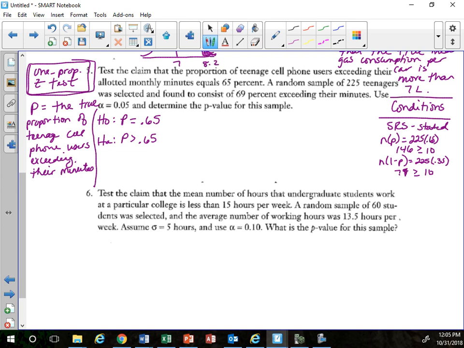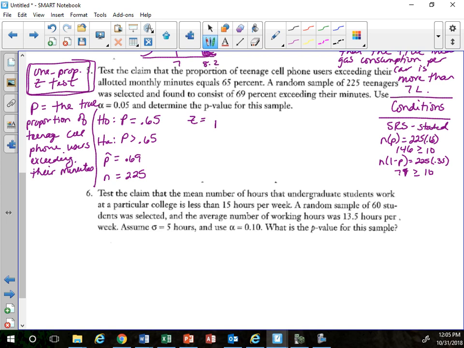All right. So a few things we can write down right away. We know our P hat, right? That was 0.69. Do we know our sample size? 225. Okay, so a couple things you can do on this. You can calculate the test statistic z by hand.